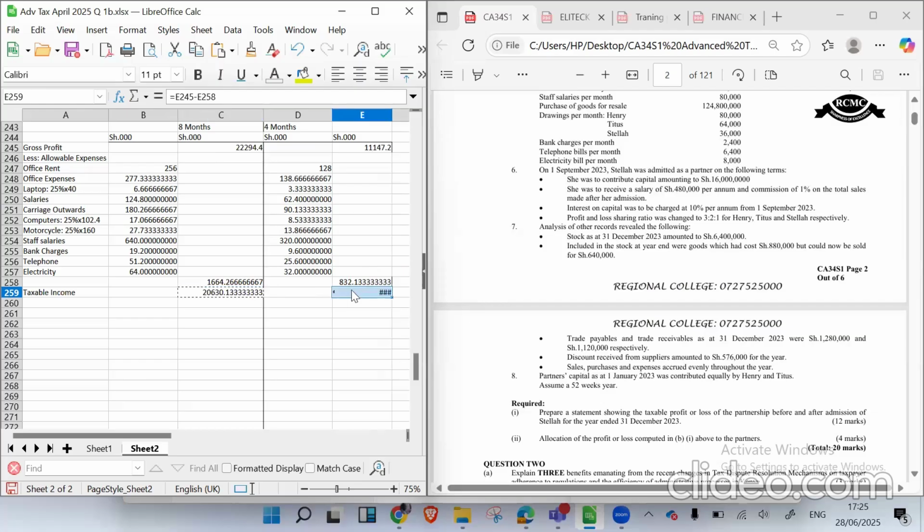Gross profit minus the expenses. And those are our 12 marks.